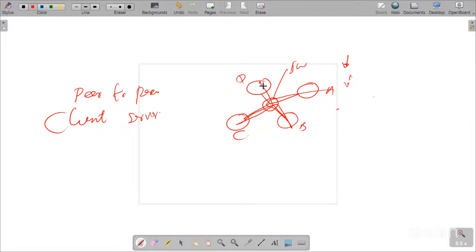Why? There is no control over others. Any computer doesn't have extra privilege to control other computers. That is known as peer-to-peer, the same level of computers.